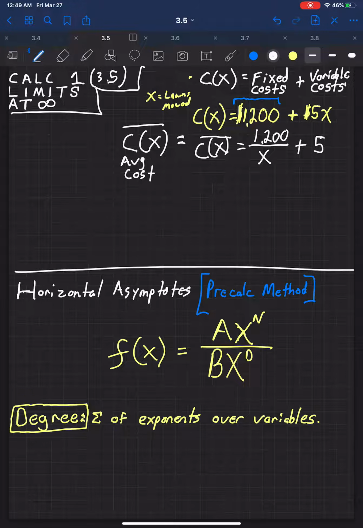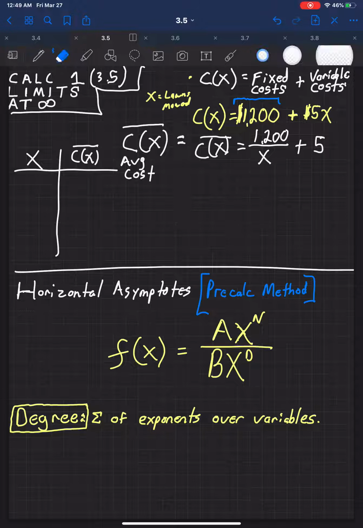So what do we think? How do we think about the average cost? So we're going to do a couple of different things. We're going to look at some scenarios where you start mowing lawns, and we're going to look at your average cost as X increases. Ready?